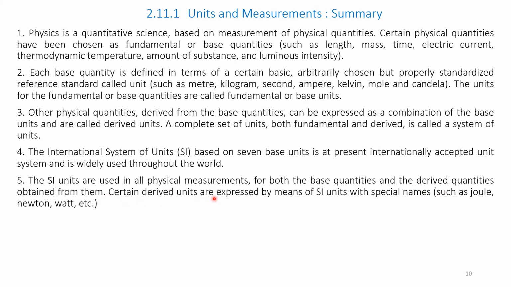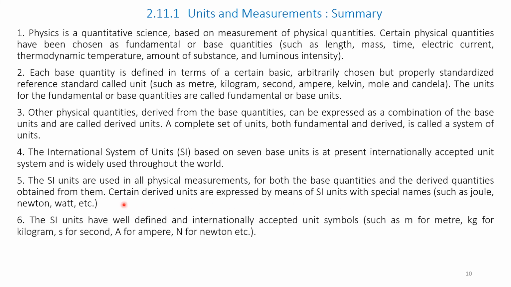Certain derived units are expressed by means of SI units with special names such as joule, Newton, watt, etc. The SI units have well-defined, internationally accepted unit symbols such as m for meter, kg for kilogram, s for second, capital A for ampere, and capital N for Newton.